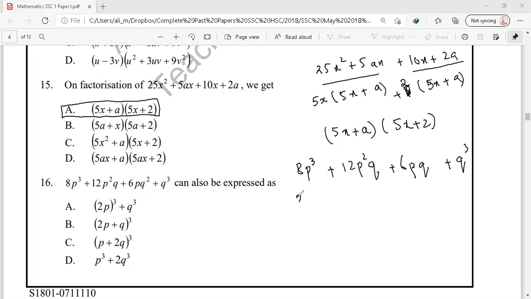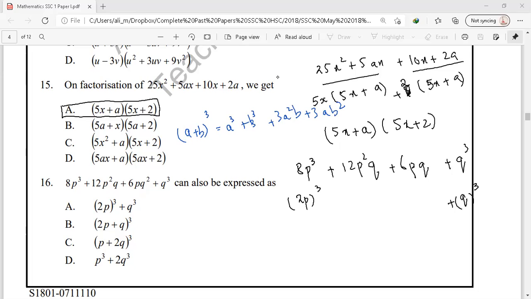written in the form of (2p) whole cube, and as we can see, this is also a perfect cube of q. So let's recall the formula of cube, that (a plus b) whole cube is equals to a cube plus b cube plus 3a square b plus 3ab square.